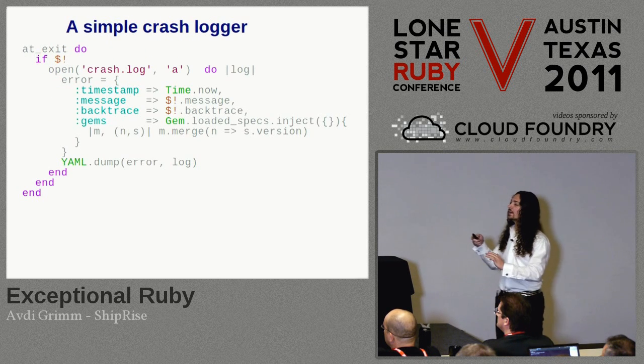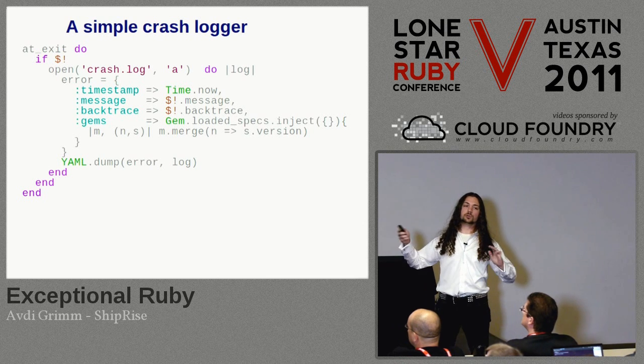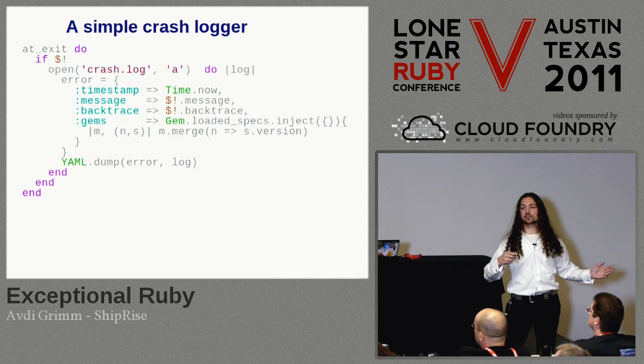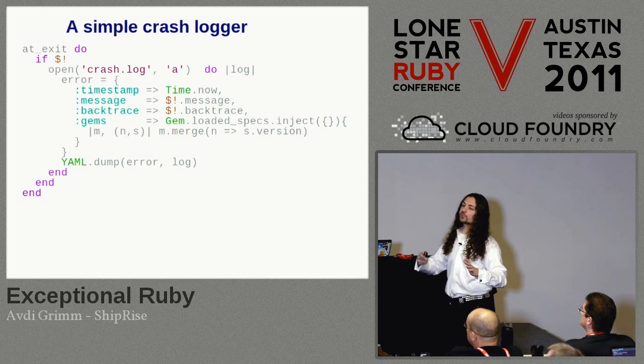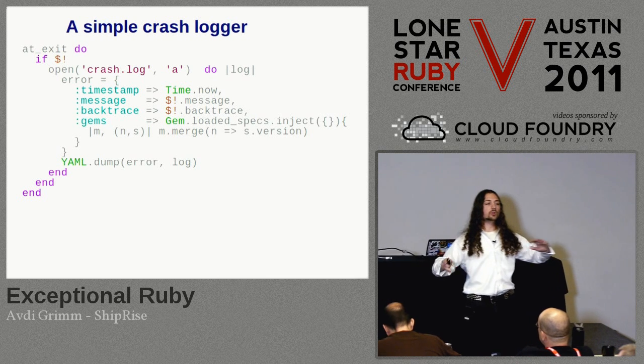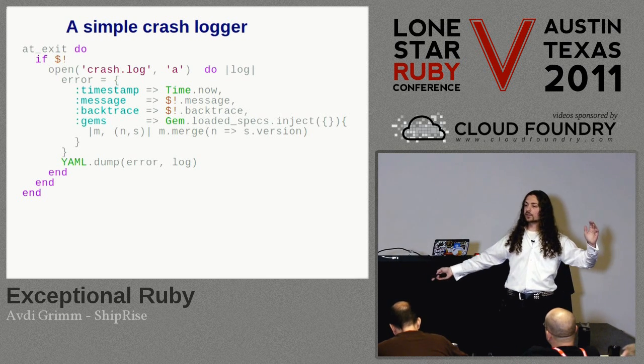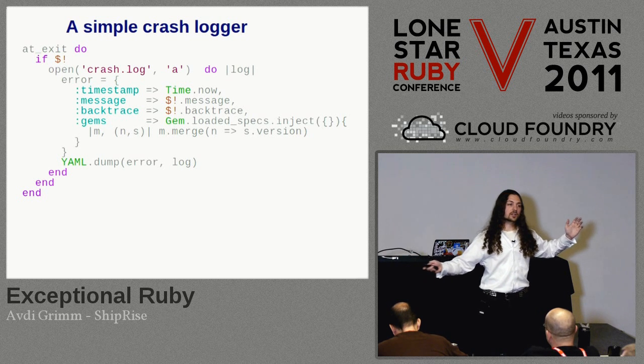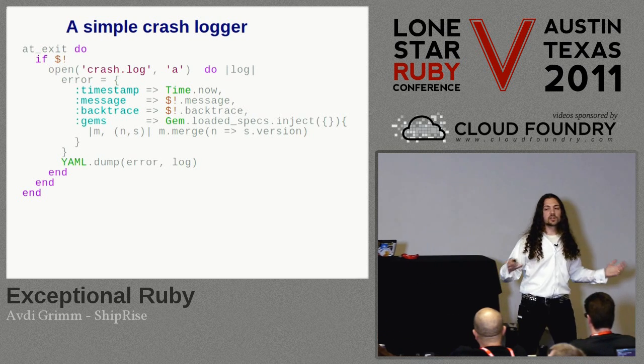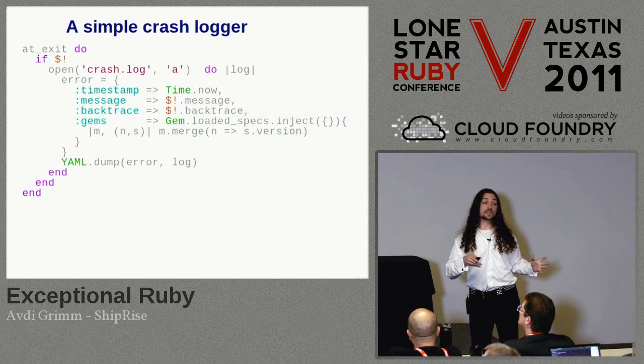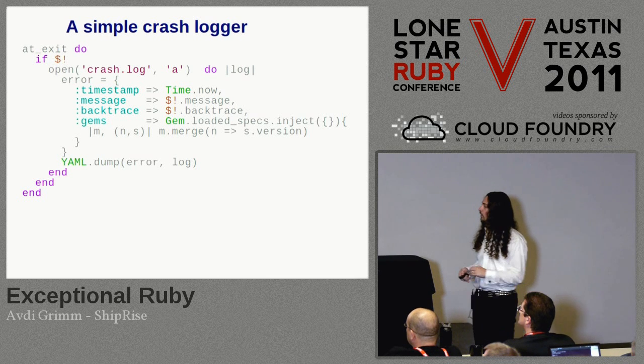This is a useful piece of knowledge. If you've ever had a system where you wished you could add some crash logging to it, but for some reason it was really hard to wrap a global begin, rescue, end block around, like a web application server, often it's not very clear where you would put that global begin, rescue, end.